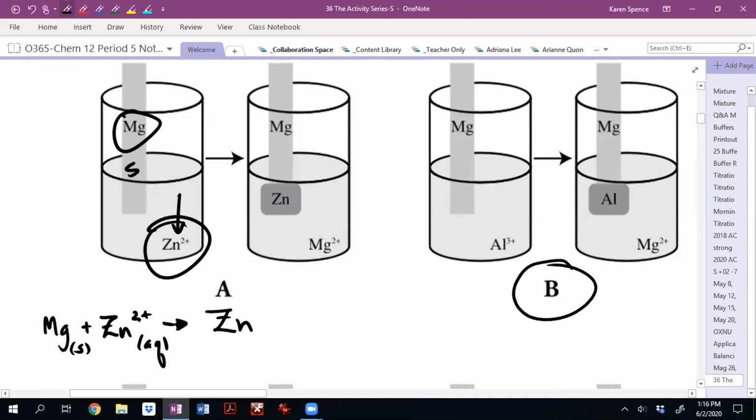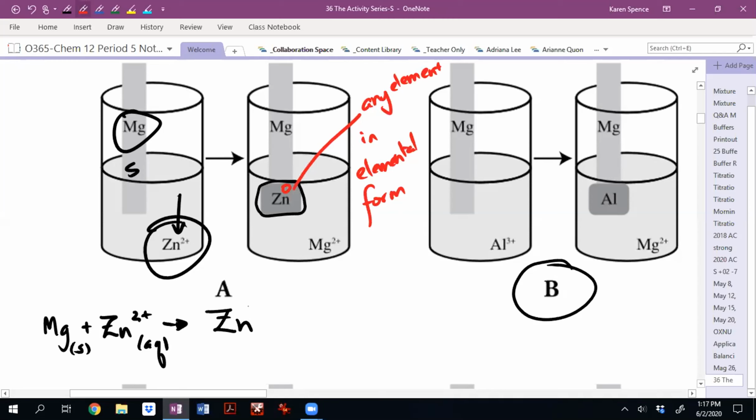If you look at it here, it's a solid. And you remember, any element in its elemental form, so not in a compound, has a net charge of 0. So the oxidation number of that zinc is 0.